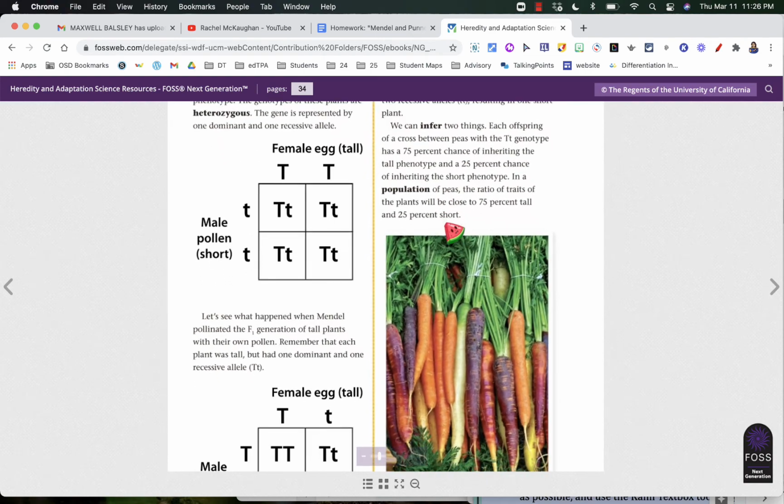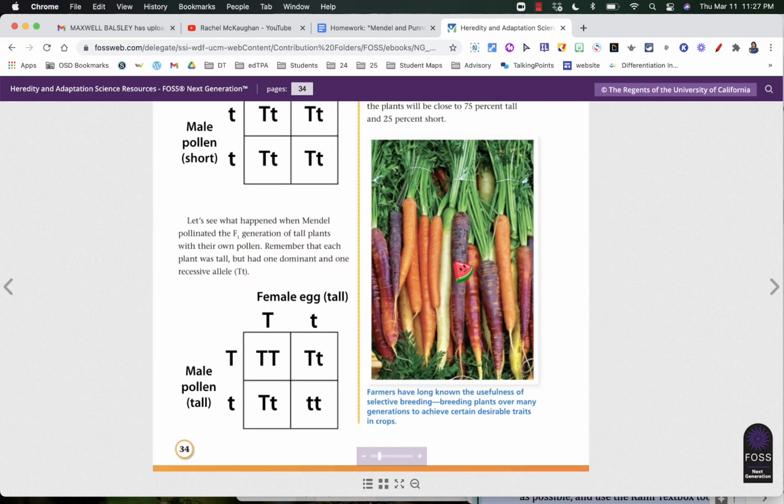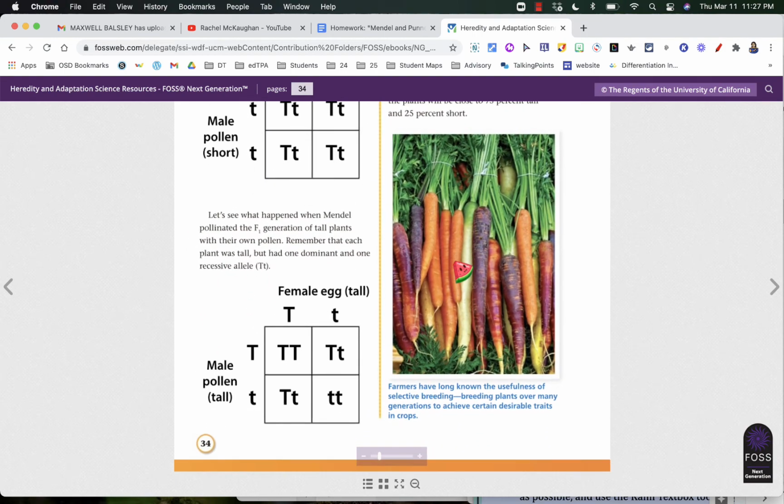Each offspring of a cross between peas with the heterozygous big T, little t genotype has a 75% chance of inheriting the tall phenotype and a 25% chance of inheriting the short phenotype. In a population of peas, the ratio of traits of the plants will be close to 75% tall and 25% short, which is what we saw in the gray and white squares. Farmers have long known the usefulness of selective breeding plants over many generations to achieve certain desirable traits in crops.